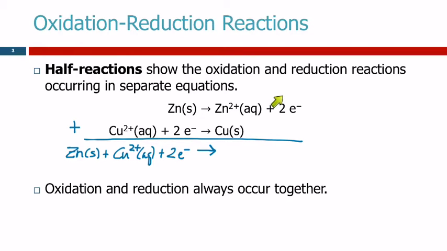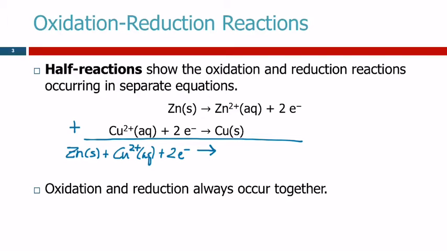But look, we've got 2 electrons over here also. We've got 2 electrons on this side and 2 electrons on that side. Those are a little bit like the spectator ions that we just crossed out. Because these 2 electrons that were produced from this half reaction get used up in this half reaction. And so we don't actually see anything going on with the electrons.